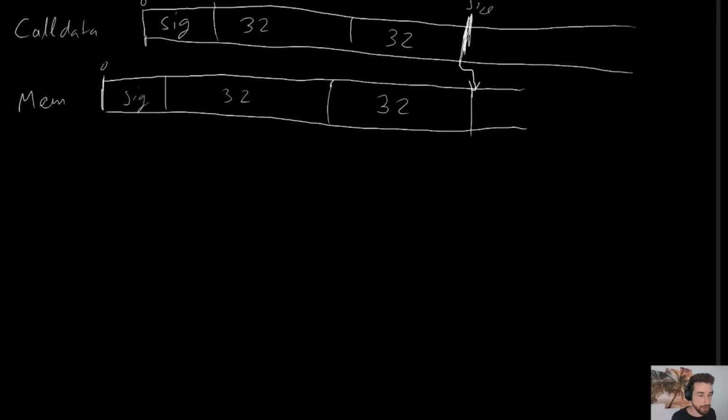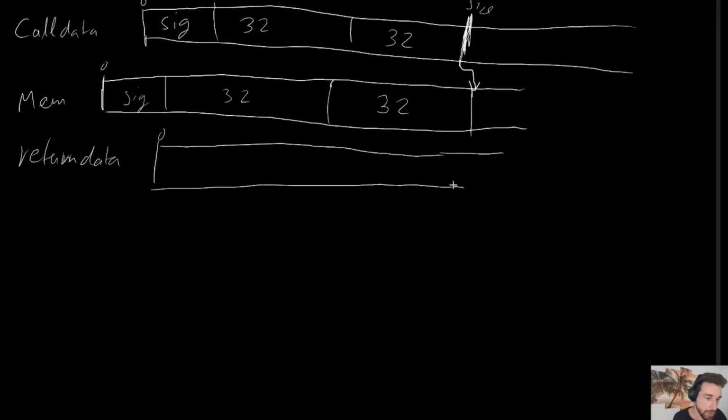So very similarly, after the delegate call, we have return data, which also goes from 0 to wherever, like an infinite tape. And we now got some sort of return data. We don't know what it is, but after doing the call, we know that it is this long, that it has this size.